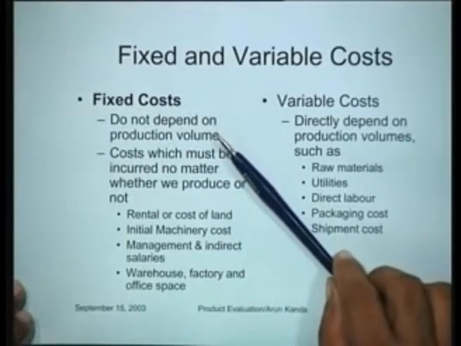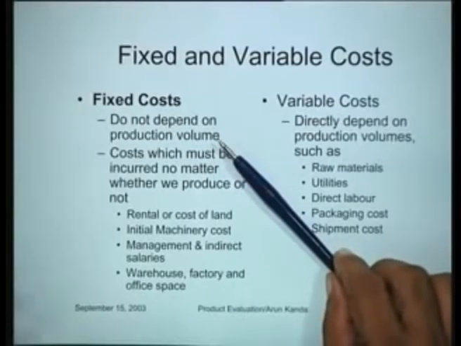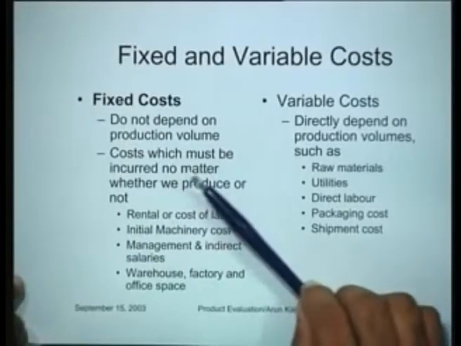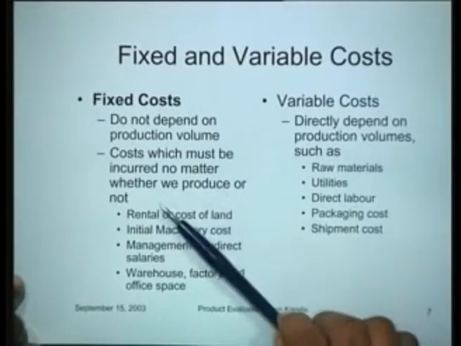So it's like saying the basic infrastructure of a factory, the cost that you have for maintaining that infrastructure, the rental that you pay for the buildings, the other expenses that you have to incur for just maintaining the building, those costs you will incur no matter whether the factory produces any item or not. Okay? So those are the costs which we call fixed costs. And these costs must be incurred no matter whether we produce or not.